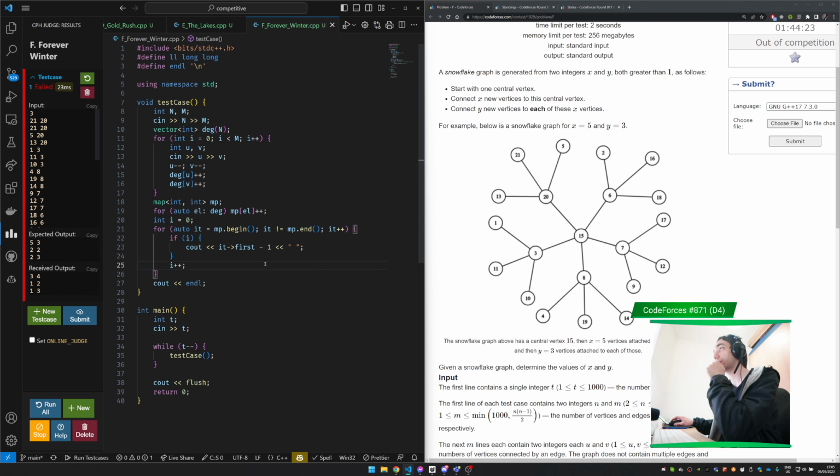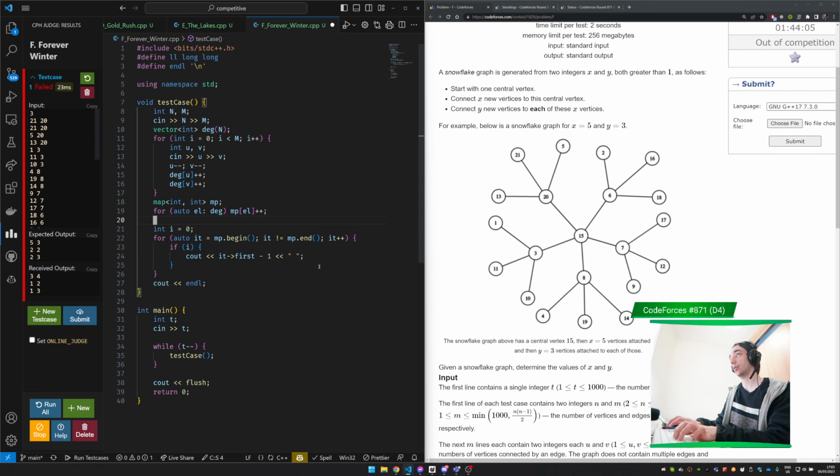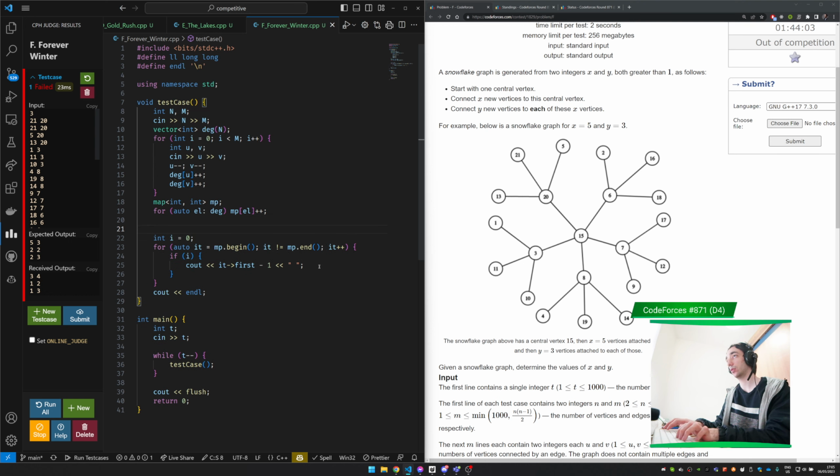Oh, so you have to, yeah, wait, so the degrees is, okay, so you can find a leaf node.